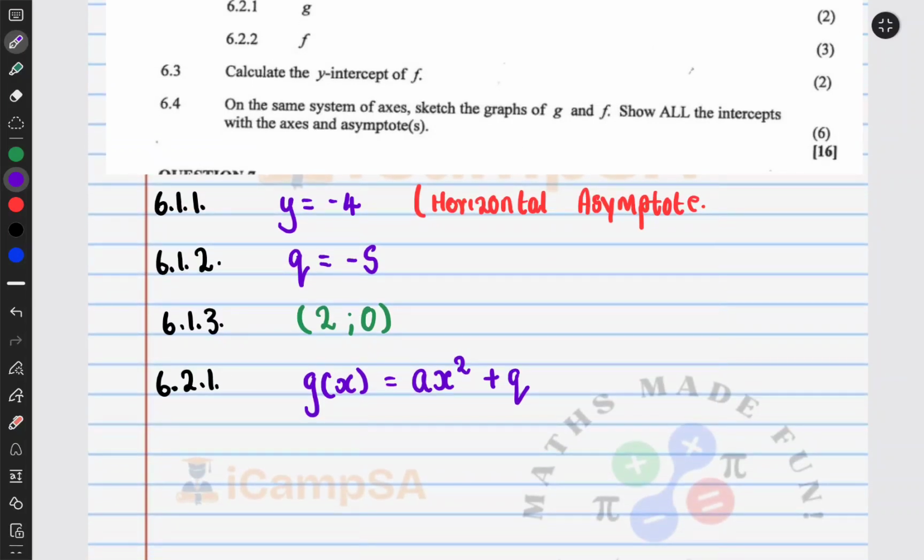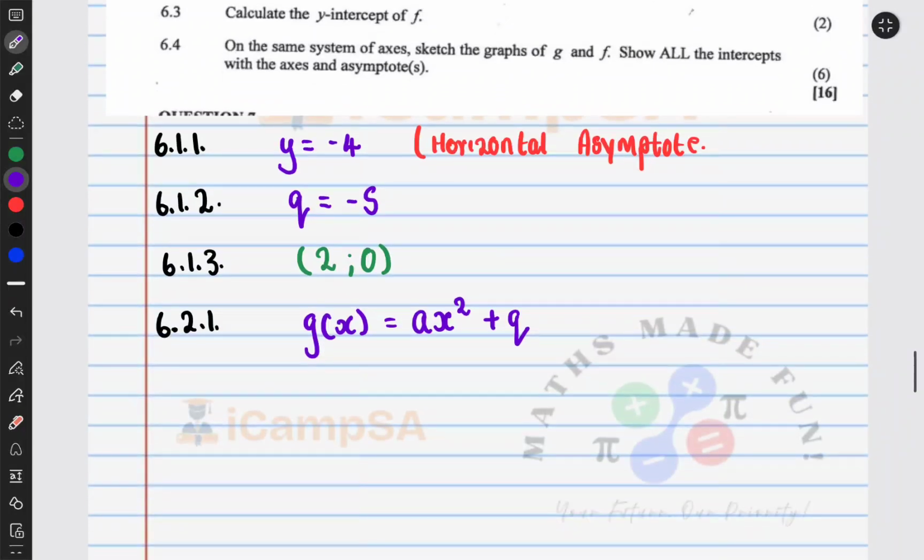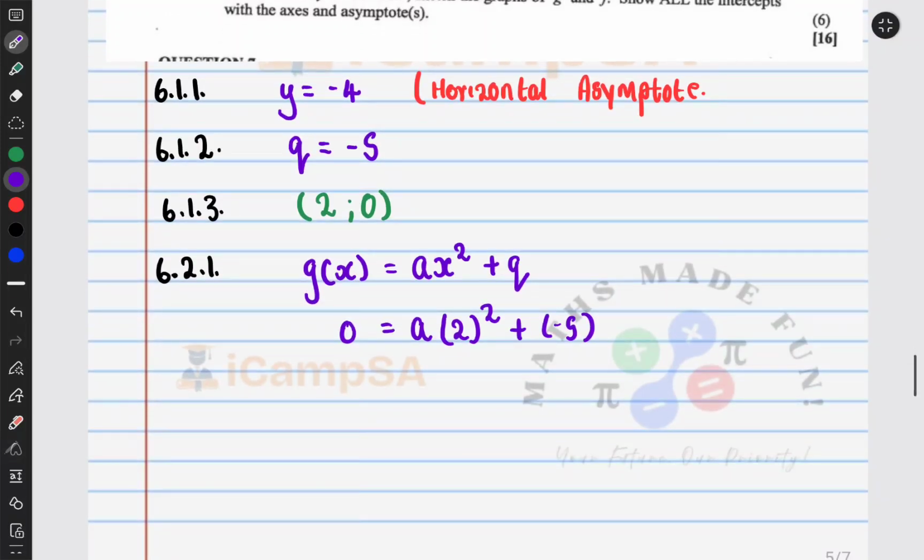So let's use just the coordinates we have written right above, which is 2 and 0. So we know that g at 2 is 0. So we're going to have 0 is equal to a times 2 squared plus q, which is -5. Let's solve for a. Put the -5 on the other side: we're going to have +5 is equal to a times 2 squared, which is 4.